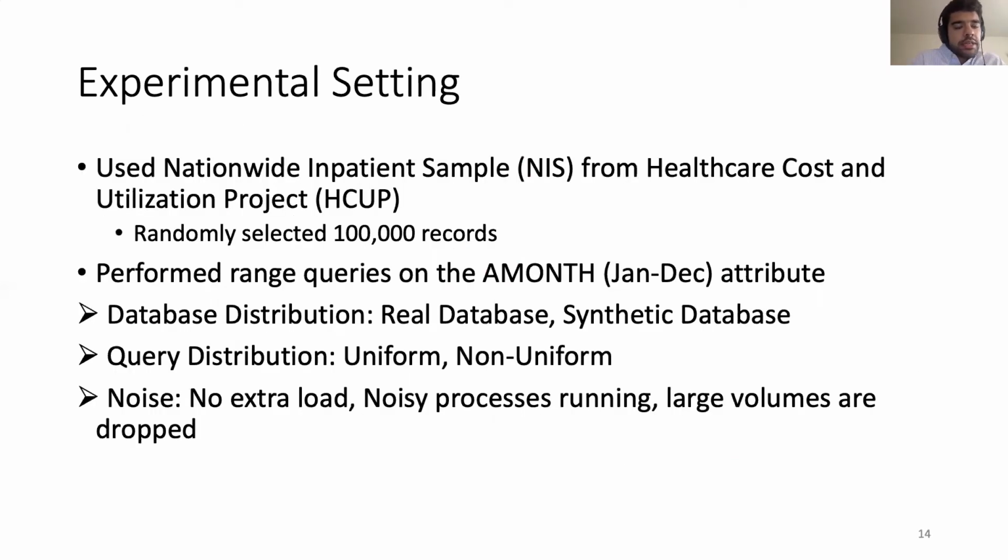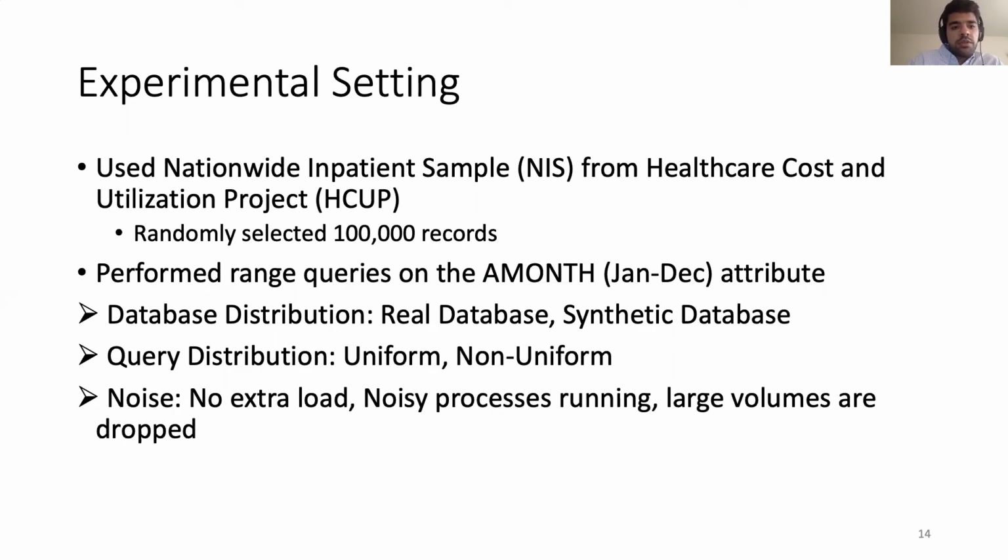So we run our attack on some known database. For example, we use the Nationwide Inpatient Sample from the Healthcare Cost and Utilization Project. We select 10,000 records from that database, and we perform range queries on the months column, which has 12 attributes. We run different scenarios: one is a real database, the other is a synthetic database. Also, we look at uniform queries and non-uniform queries.